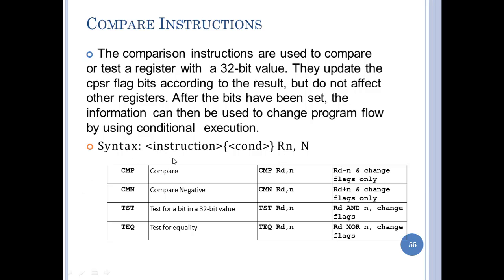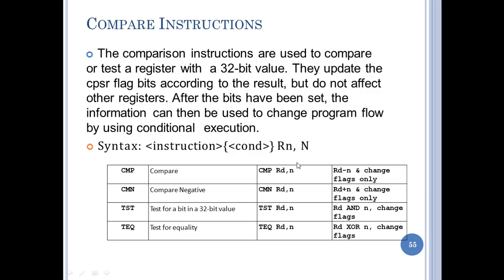So the syntax is the instruction, the condition option, Rn and N. Compare takes the source and the second operand. CMP is nothing but Rn minus N. Compare will subtract these two operands, and based on the result the flags will be set.